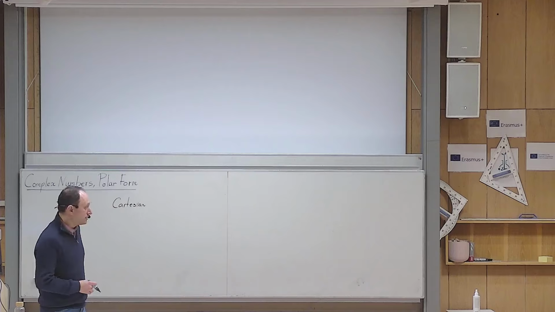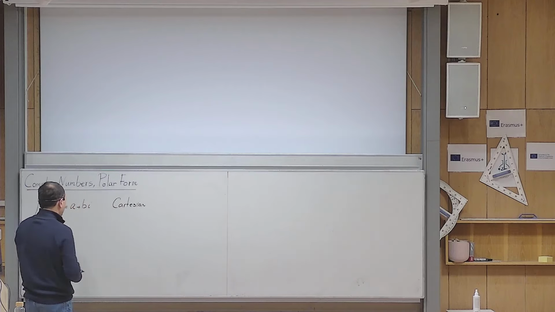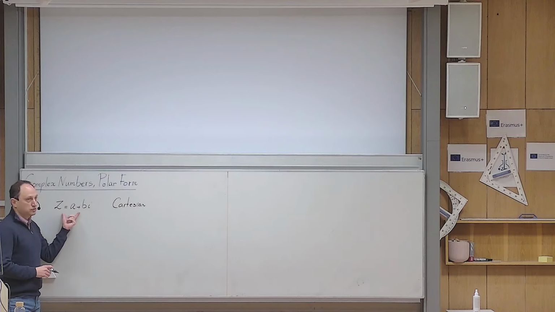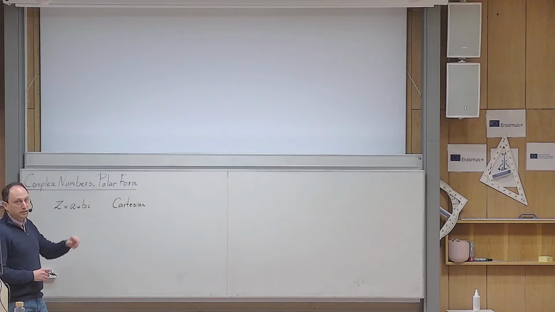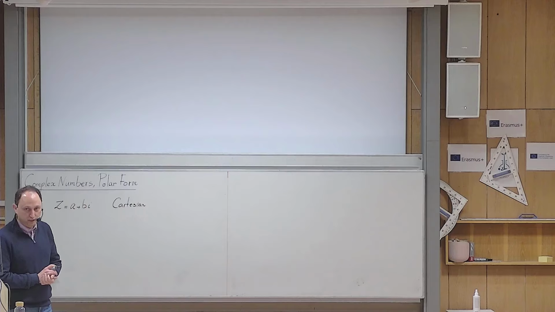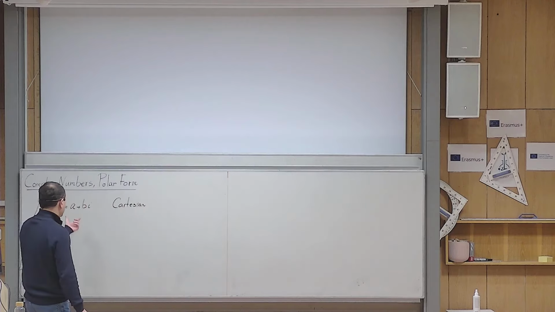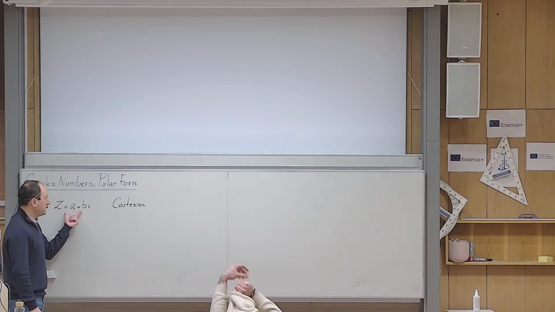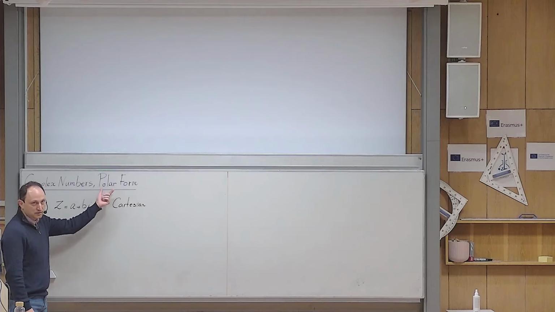The reason probably will not be clear today, but I just want to tell you shortly that if your goal is to raise a complex number to a fairly high power, the polar form will help you to do it more or less very quickly. So that's the reason we are interested in making a complex number a little bit more complicated.